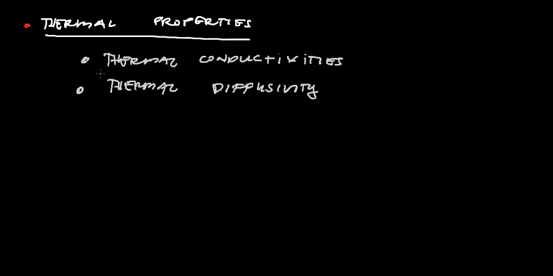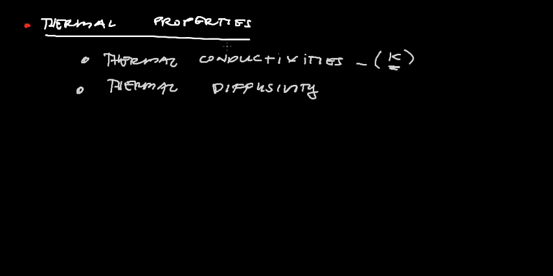So based from our previous topics, we have learned that the rate at which heat is transferred depends on the property which is called the thermal conductivity, or we barely know this as our symbol or letter K.